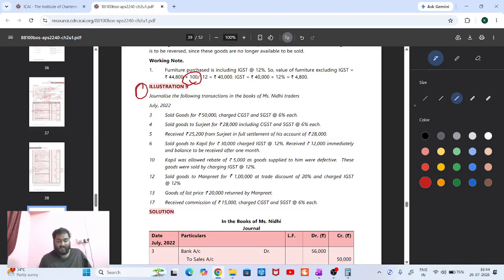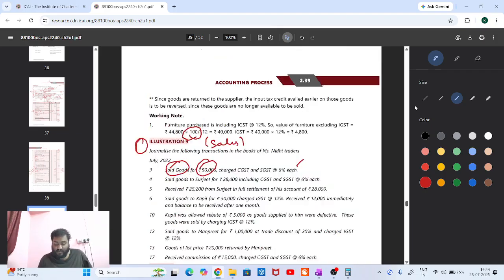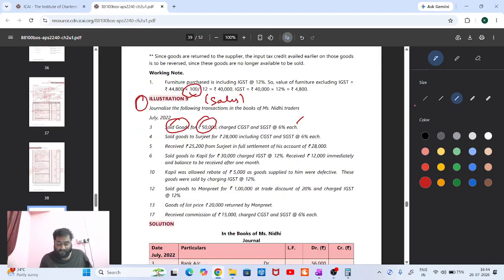Illustration number 9. Oh my god, there are so many. These are sales. If you have observed, we have only talked about the purchase entries. For the sales entries, 50,000: debtor account debit to sales, output CGST, output SGST.